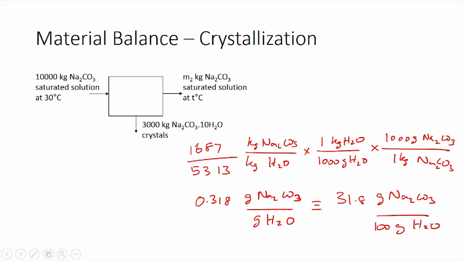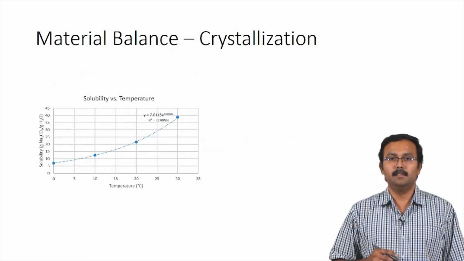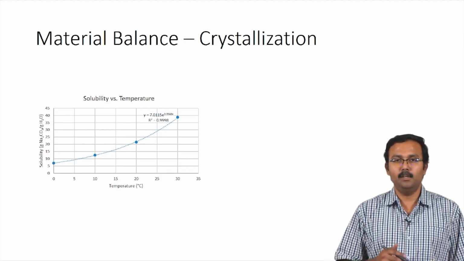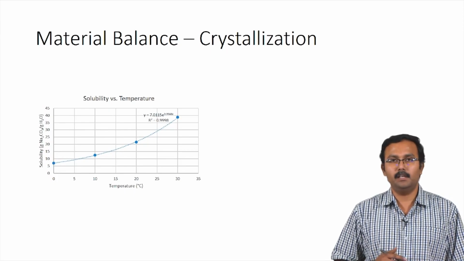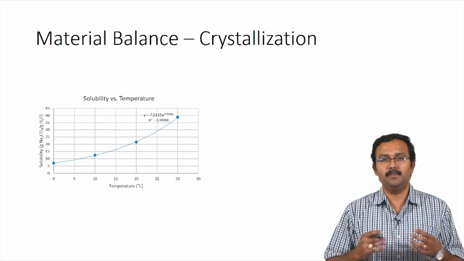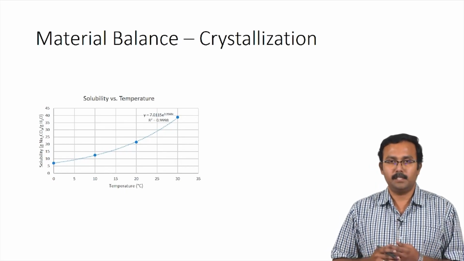So this would be the solubility data which we will use to fit in the curve we can generate through the data provided. If you look at this curve, this is the solubility data plotted against temperature. We had the values for temperature and we plotted it using Excel, and the curve which we obtained was fitted for an exponential curve.